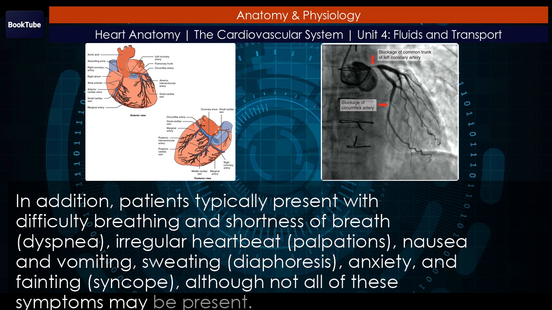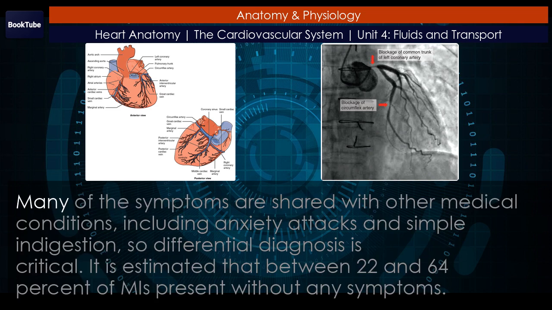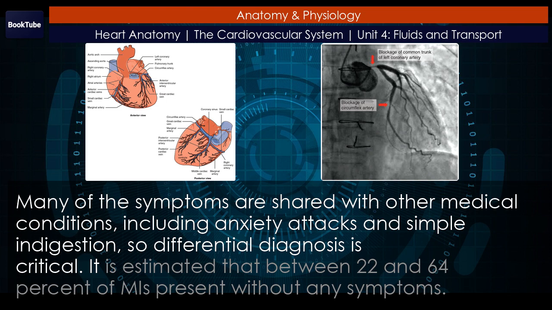Although not all of these symptoms may be present, many of the symptoms are shared with other medical conditions, including anxiety attacks and simple indigestion, so differential diagnosis is critical. It is estimated that between 22 and 64% of MIs present without any symptoms.